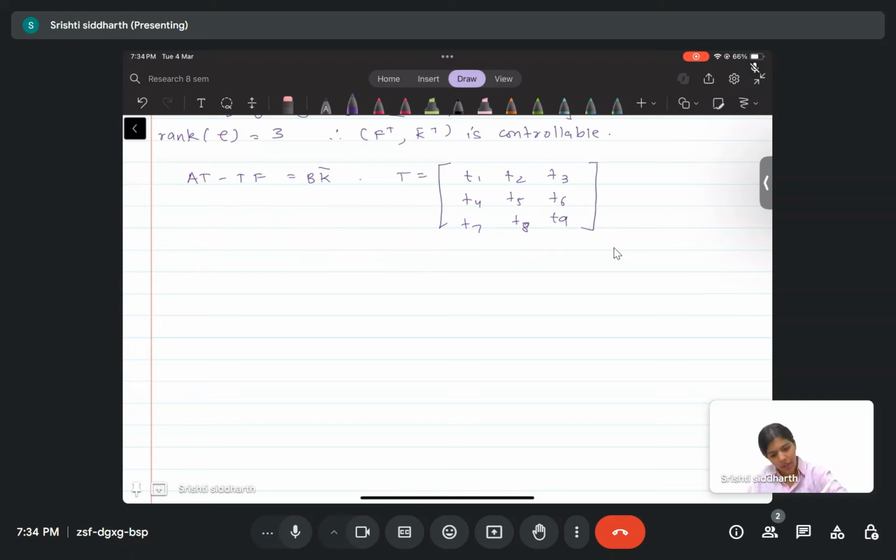So once you have T, the gain matrix K is simply K bar times T inverse. So this is such that A minus BK has desired eigenvalues.